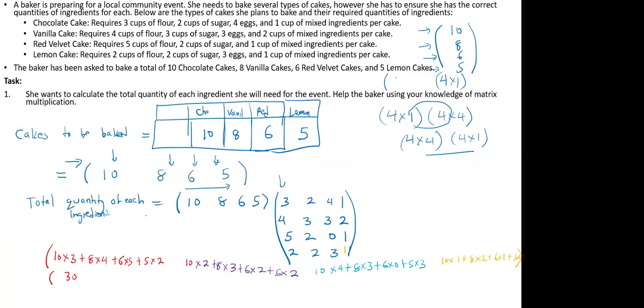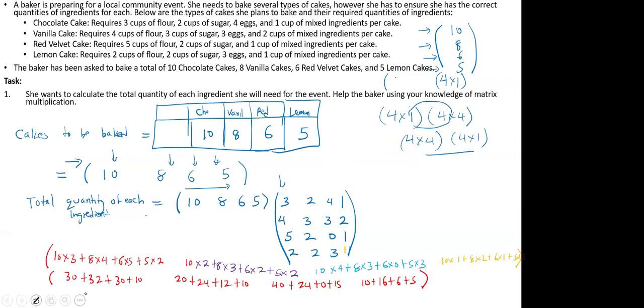So this is going to be 30 plus, now you keep on doing the mathematics, 8 times 4, that is 32, plus 6 times 5, that is 30, plus 10. Then the next one, this is 20 plus 8 times 3, which is 24, plus the 12 plus the 10. Then the next one is going to be 40 plus 8 times 3, which is 24, plus 0 plus 15. Then the next one is going to be 10 plus 16 plus 6 plus 5.